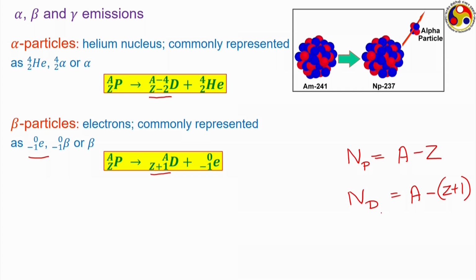So, it is very clear if we compare the two that the daughter has 1 neutron less than the parent, and this can be visualized as 1 neutron, as per our convention represented as 0 n 1, getting converted to 1 proton and 1 electron.